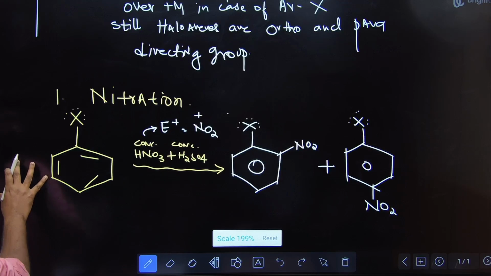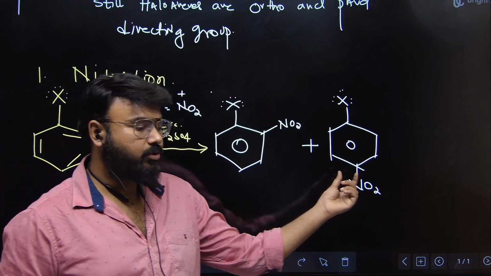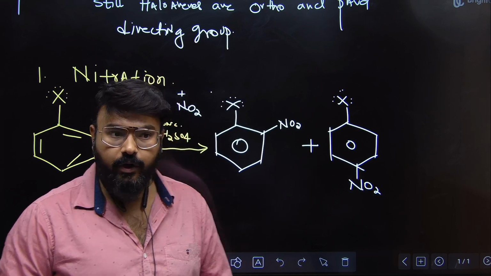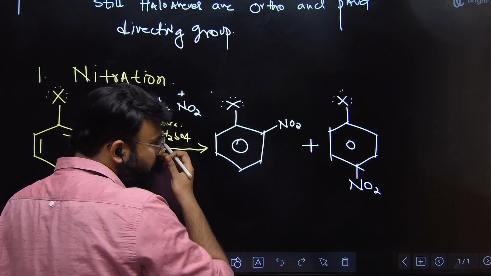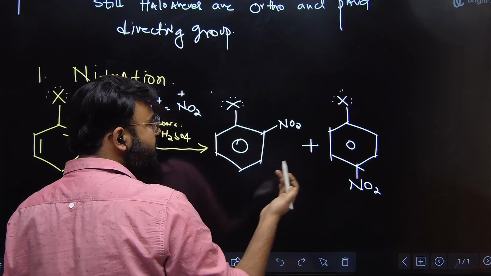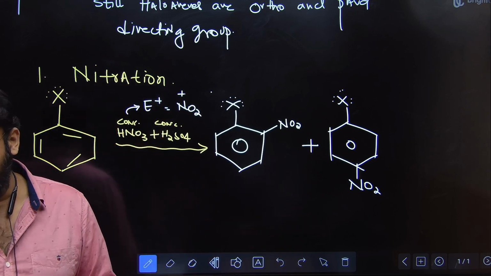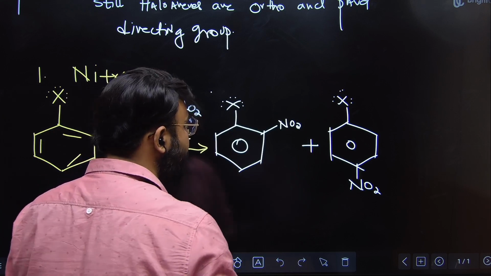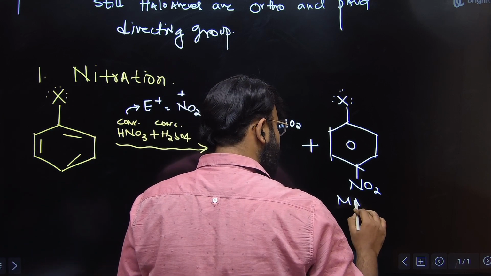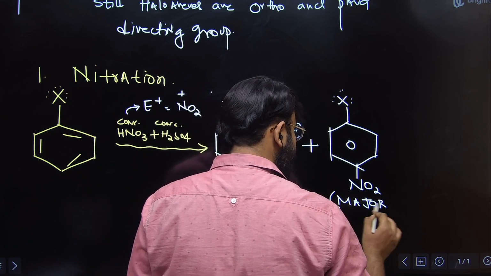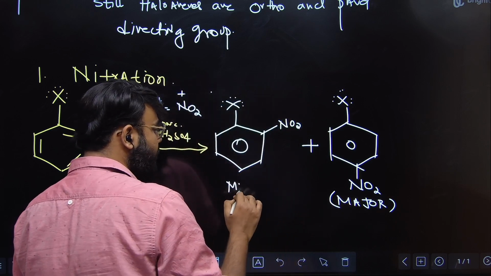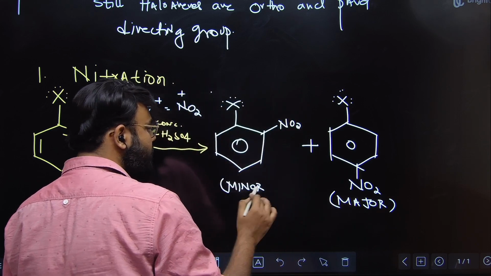Please see here. One will be the ortho substituent, one will be the para. And what will be the major product and minor? These two things are formed. One will be in large quantity, one in a smaller quantity. So remember, para will always be the major quantity, and ortho will be minor, less amount.